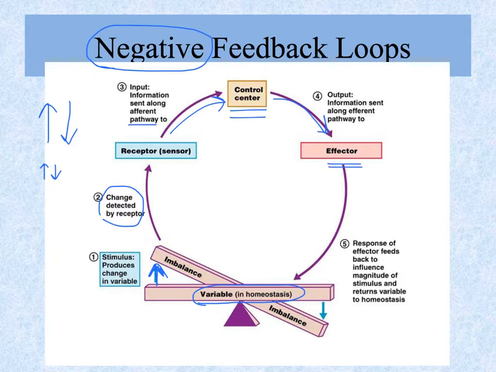There's too much acid in the blood, increase your breathing rate to get rid of it. And so the response will affect your state of balance by tipping it the other way, bringing it back closer to the way it should be, and so it returns it to the proper state of homeostasis.